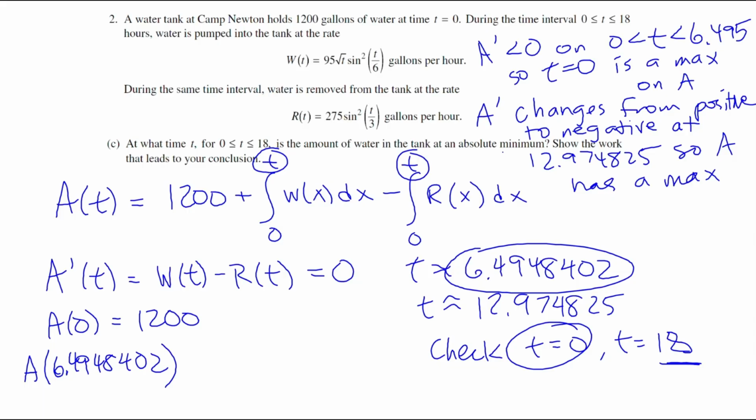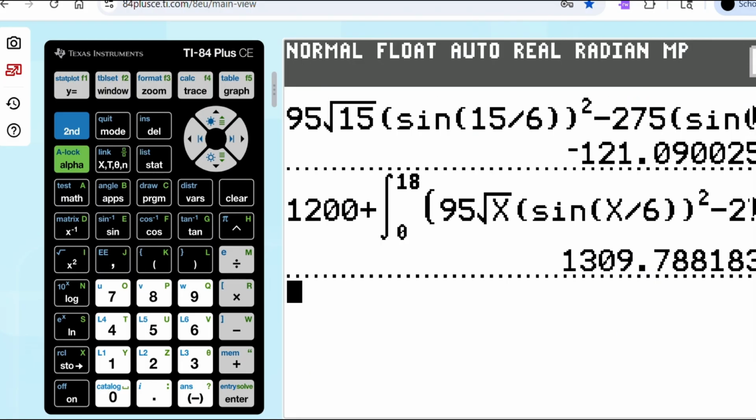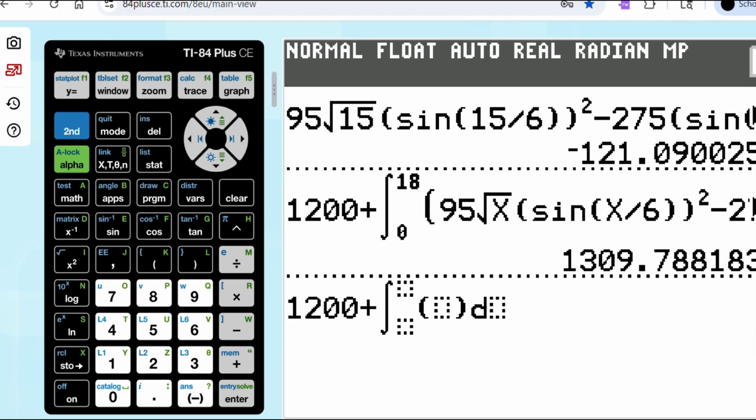And so the nice thing here is I've already got w minus r graphed. So I can just go back here and say I want 1200, because that was my initial amount. And then I want to add to that, math and option number 9, the integral from 0 to, what was our value there?